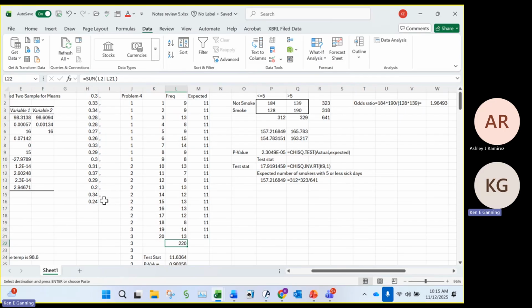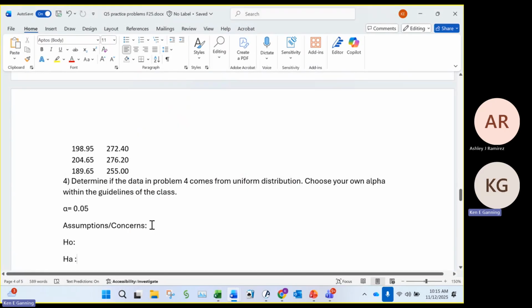Is 11 bigger than 10? Yes. Okay, 11 is bigger than 10. Therefore, I don't have to worry about any assumptions or concerns. So assumptions and concerns: none.